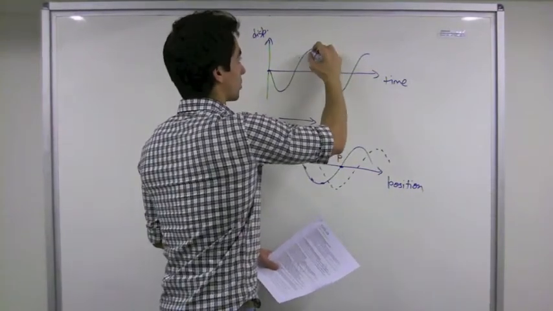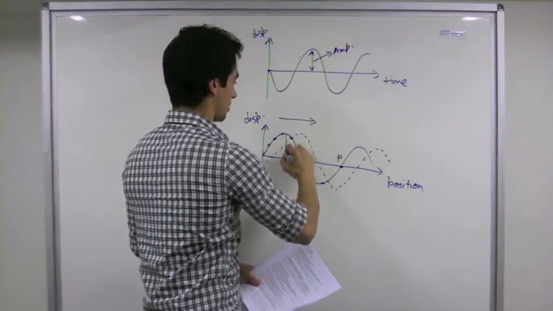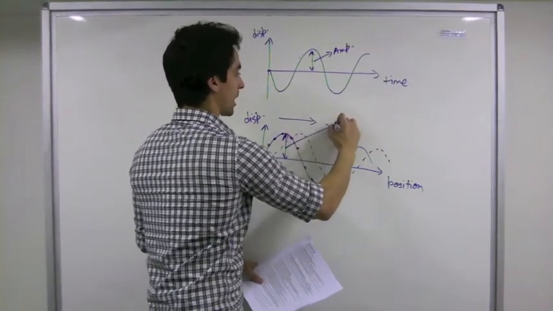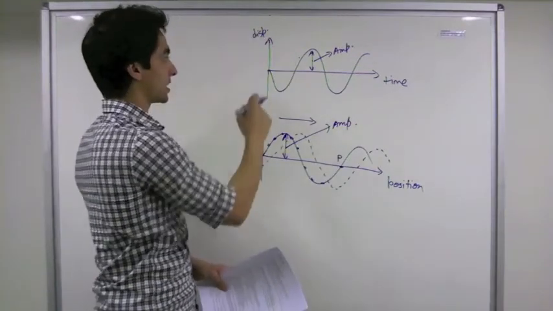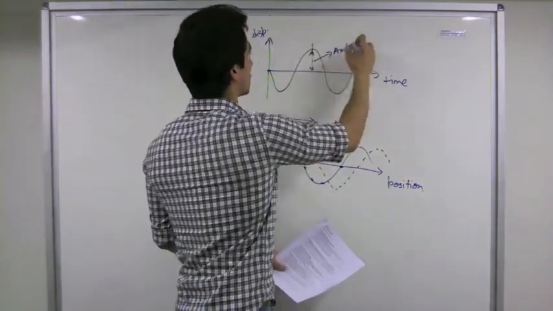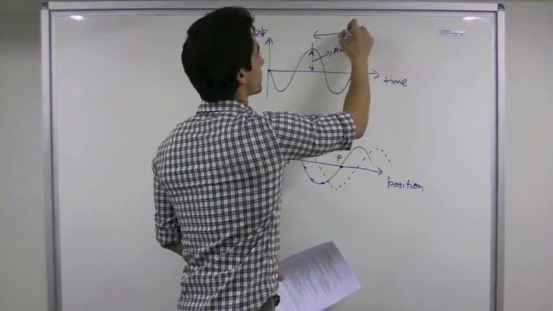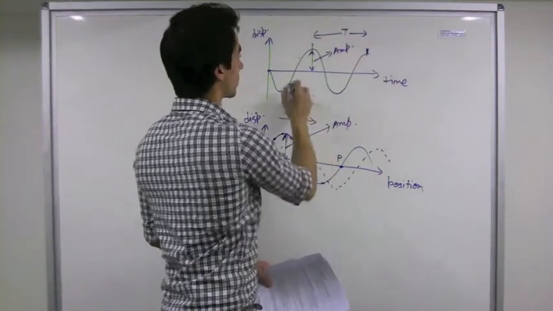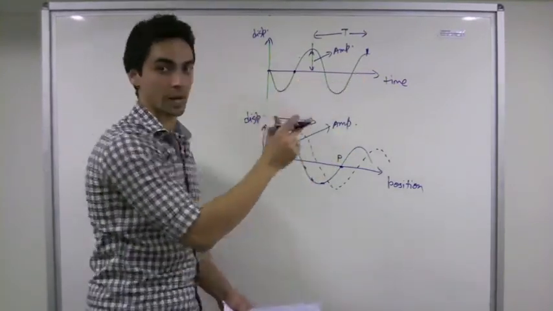One, of course, over here, this would be the amplitude of the wave. Same here, this would also be the amplitude. Why? Because the vertical axis on both of these graphs is displacement. The distance between two crests on the displacement time graph is one time period. Any two points which are in phase would have a difference of one time period.